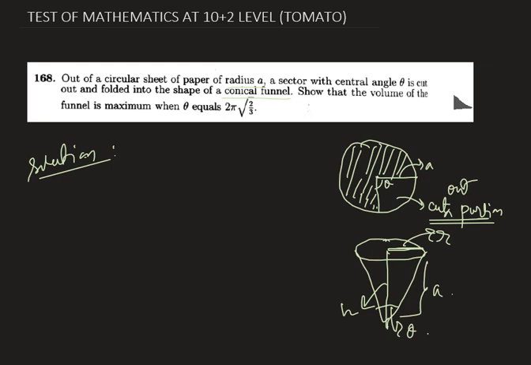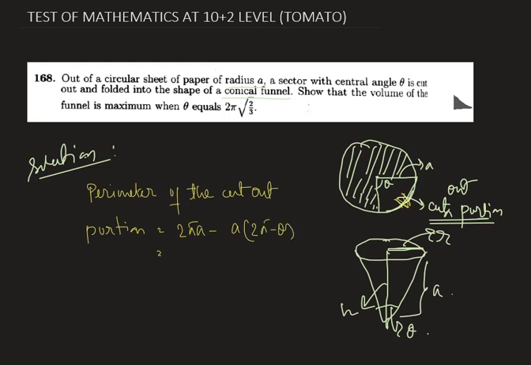Now the perimeter of the cutout portion is the total perimeter minus a into 2 pi minus theta.